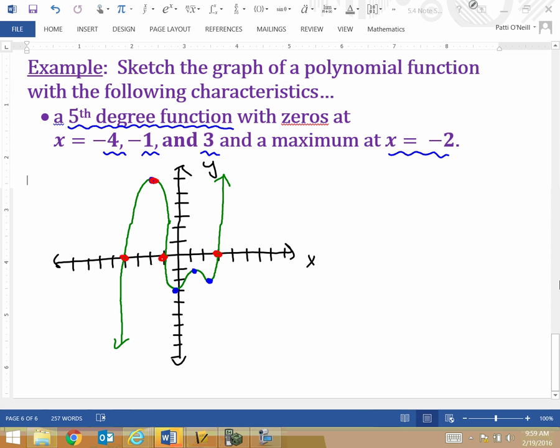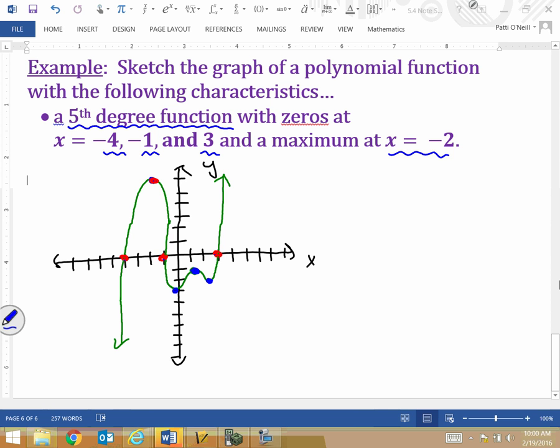Now, this other place where we have a maximum right here, I should do that over in blue, is perfectly fine because I fit the turning points to match the degree. And what this means is that there are 3 real zeros, but the other 2 zeros, if this were 5th degree, would be complex zeros, which means that we get those zeros from some other way than looking at where the graph touches or crosses the x-axis.